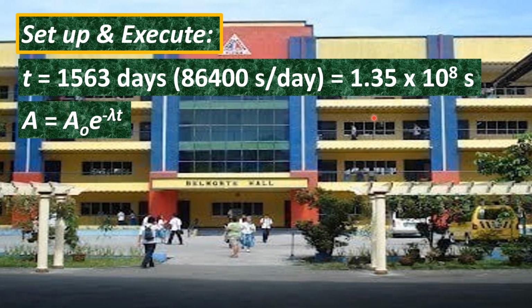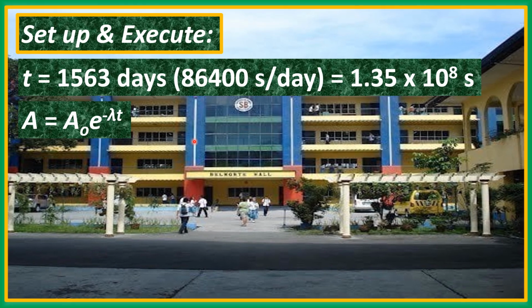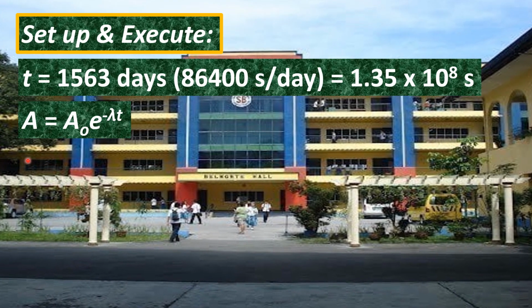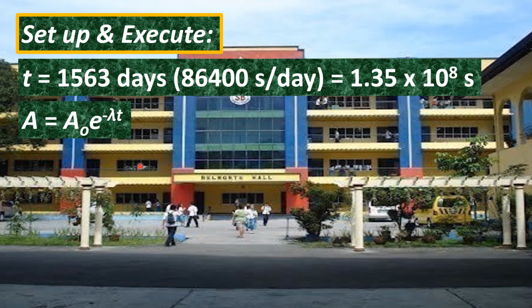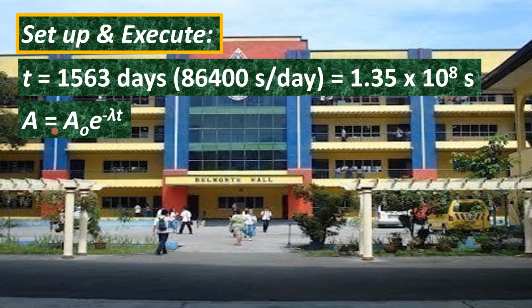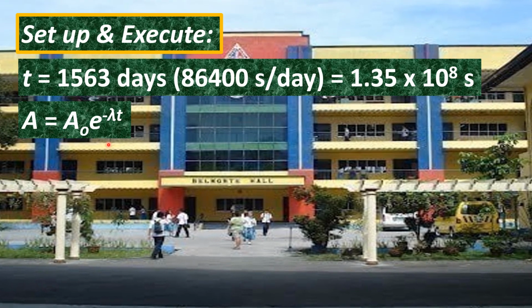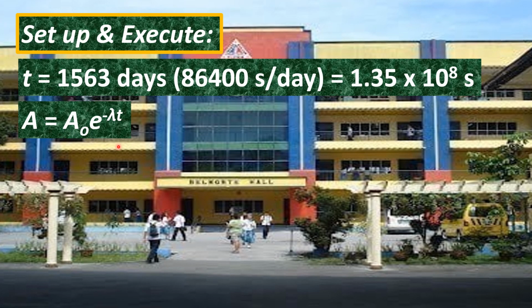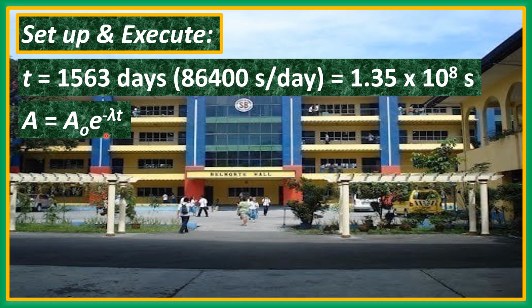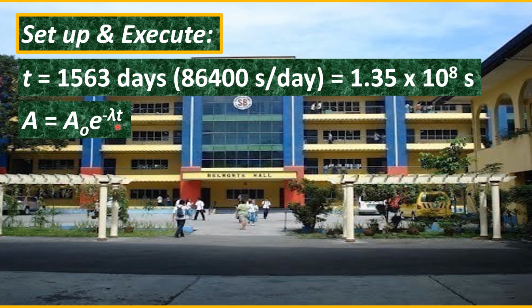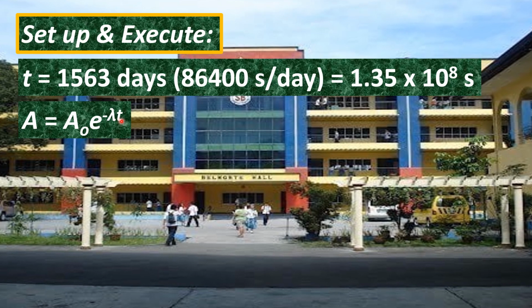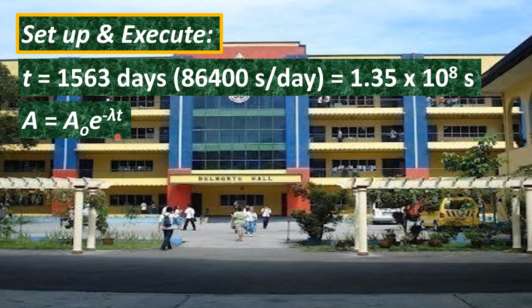So we can now proceed in calculating the activity capital A using this formula. The activity capital A is just equal to the initial activity A naught multiplied by Euler's number raised to the negative power lambda times the time t.